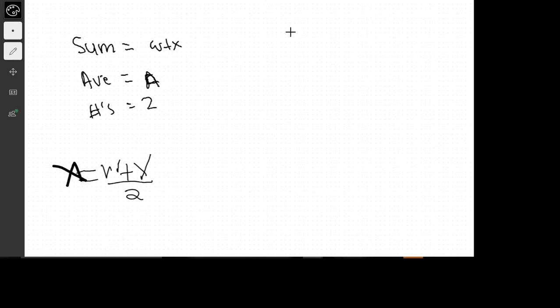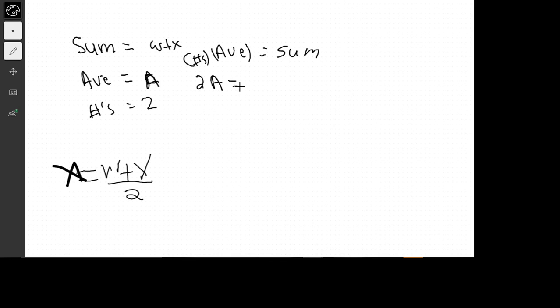2. And now remember, I told you to write the equation like this: the average times the number of numbers is equal to the sum. So substitute in it that way. So 2 times A. Go ahead and write it. 2 times A. Do you see where I'm writing?